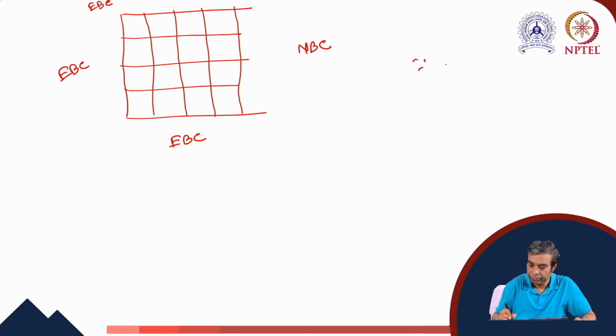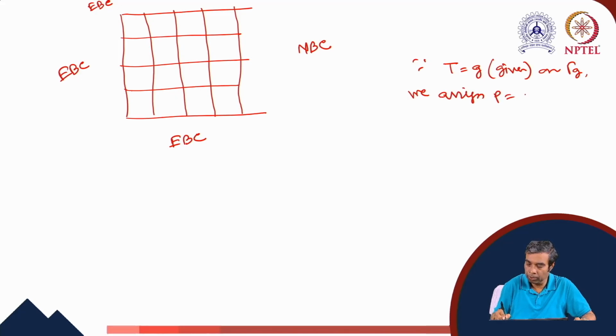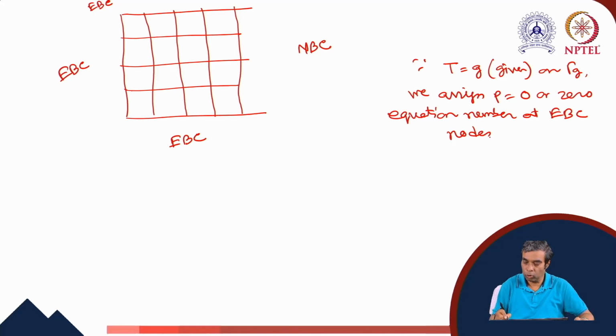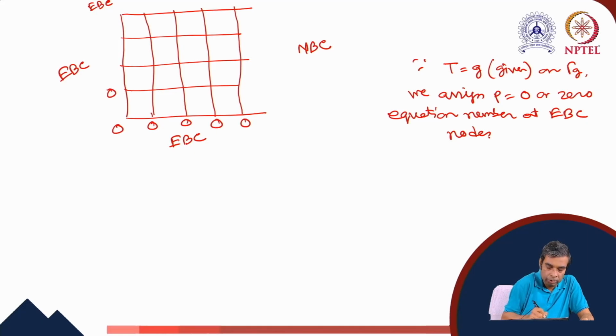Since T equals G is given on gamma G, we assign P equals 0, or 0 equation numbers, at EBC nodes. It means that our global equation numbering starts from the unknown nodes. So we can simply put the equation number 0 for the EBC nodes. So that we are doing now.